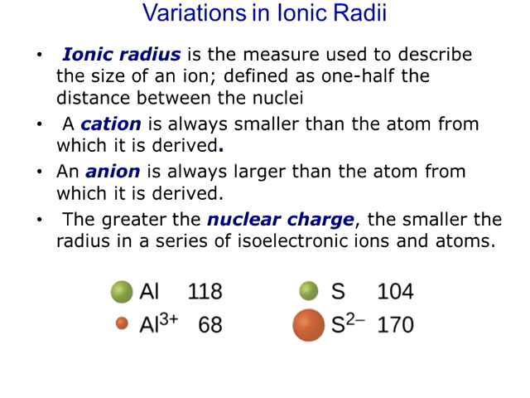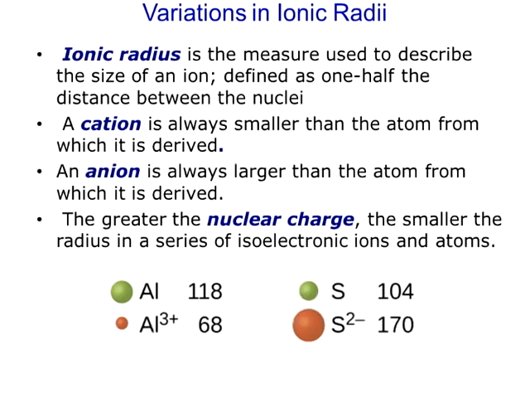You lose electrons, it gets smaller. You gain electrons, it gets larger. That is what these two statements are saying. So an anion is always larger than the atom from which it was derived. Also note, the greater the nuclear charge, the smaller the radius is in a series of isoelectronic ions and atoms.